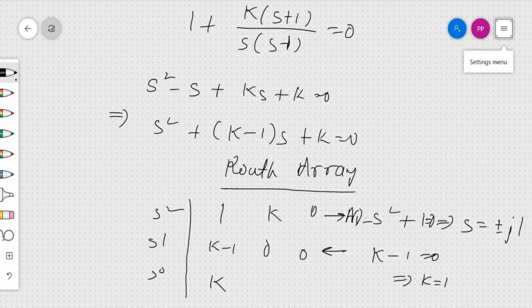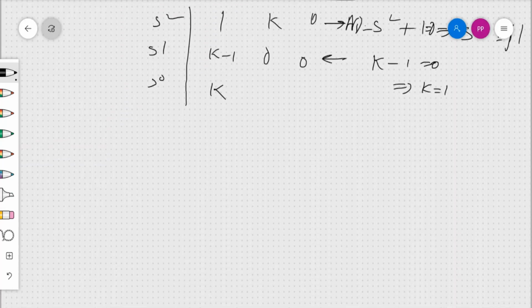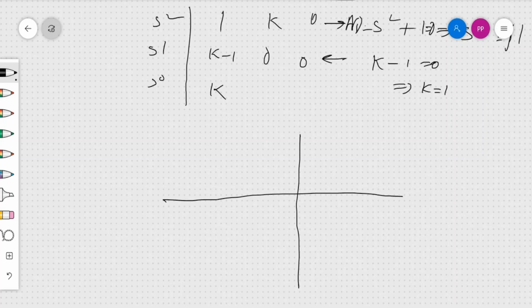Let us draw a fresh root locus to accommodate all our findings till now. So we have the sigma and j omega.